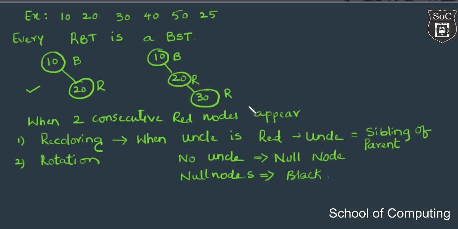So now I repeat, 30 is my node which created the problem. RR violation occurred, and 30 doesn't have an uncle. When uncle does not exist, it is a null node, and a null node is black. So what is the conclusion?